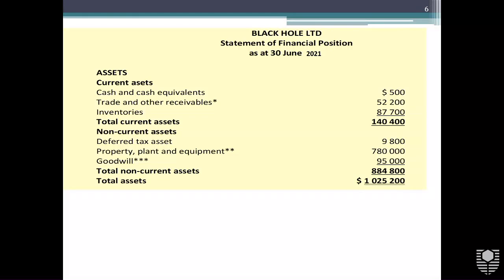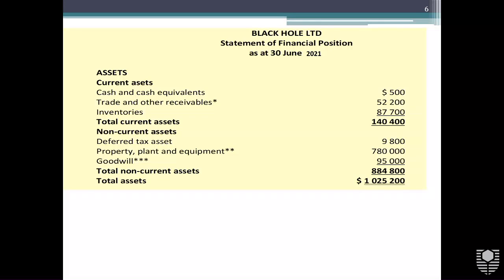Non-current assets, let's get back to there. Normally, if you don't know, put deferred tax assets into non-current. That amount is actually quite small at 9,800, but we don't know exactly what it's for. If it's in relation to depreciation, for example, accounting depreciation and tax depreciation are not always the same, so deferred tax assets and deferred tax liabilities can arise because of the timing.